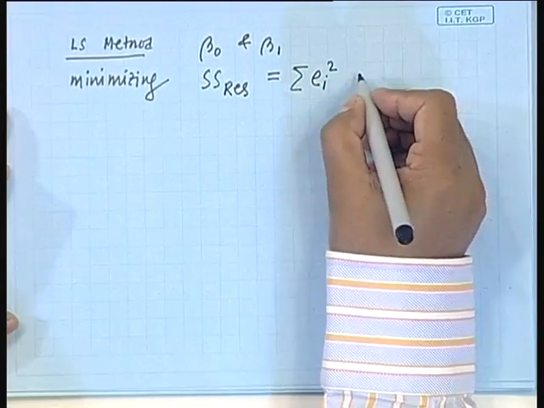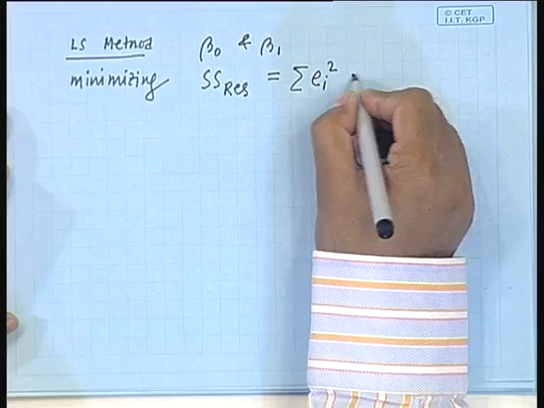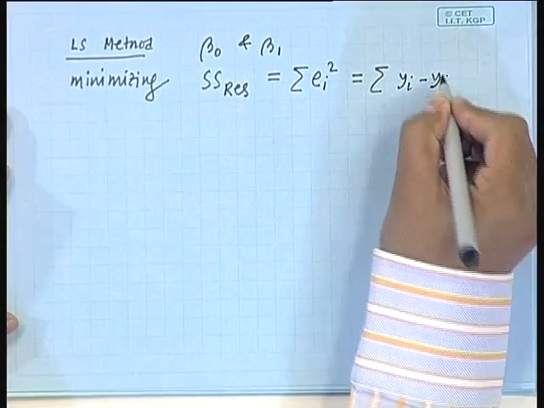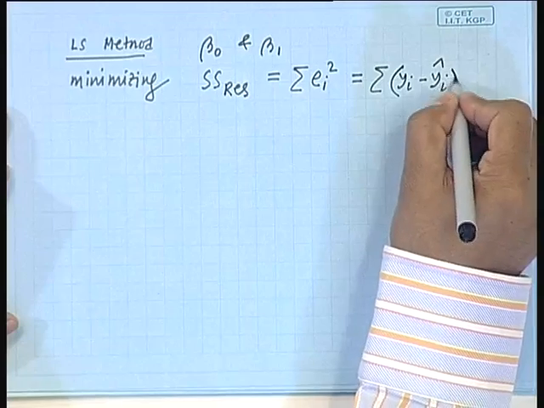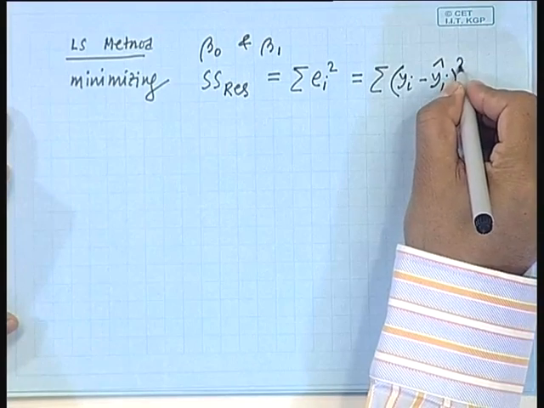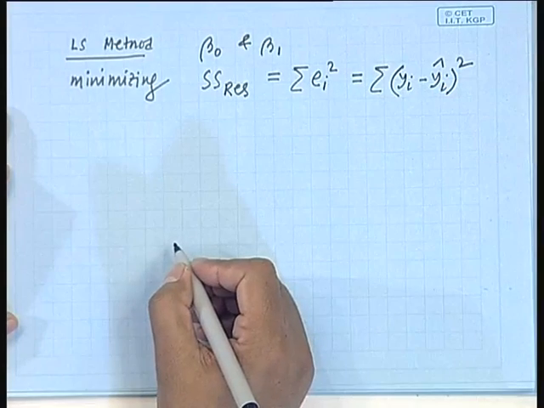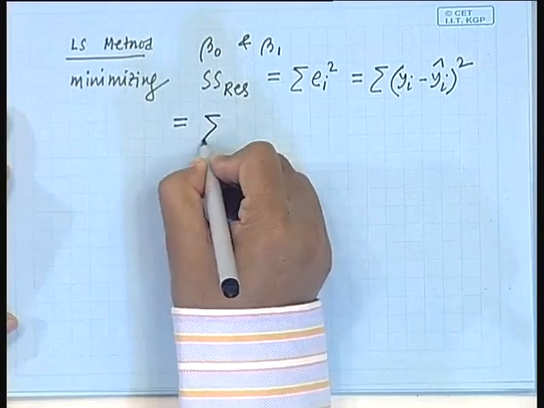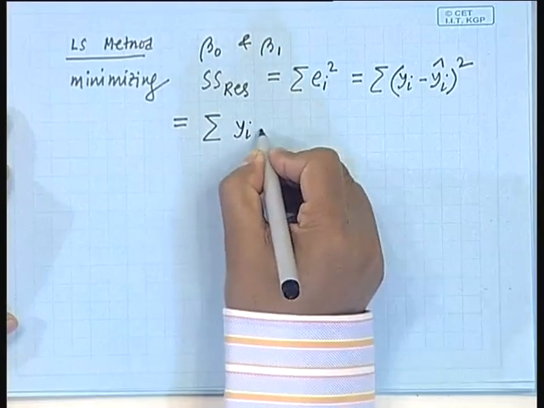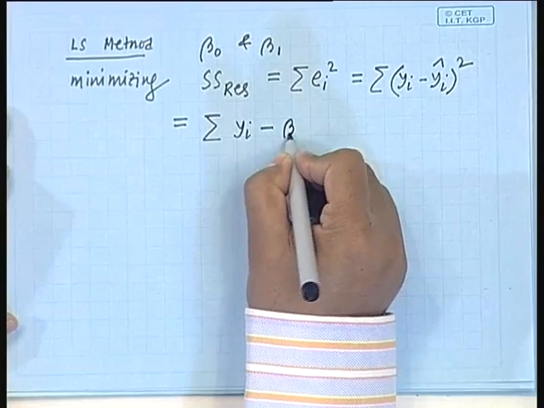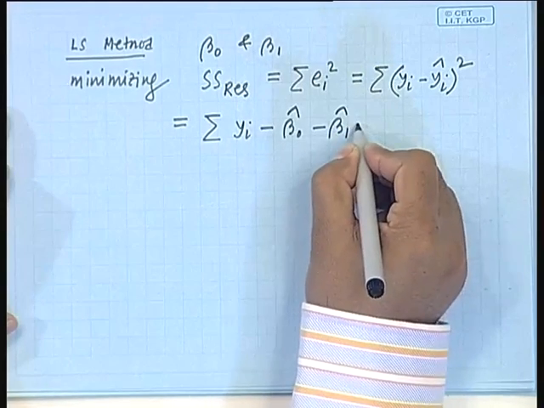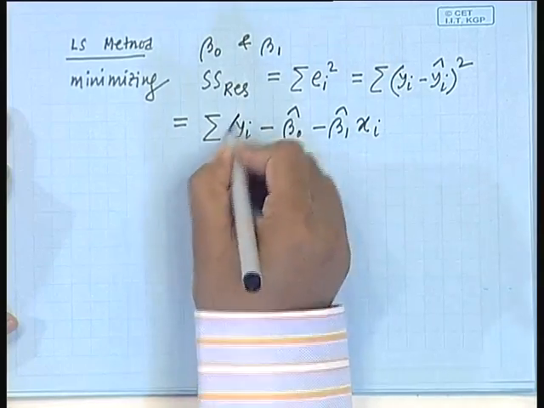And this is basically equal to summation yi minus yi hat square, and this is equal to summation yi minus beta naught hat minus beta 1 hat xi square.